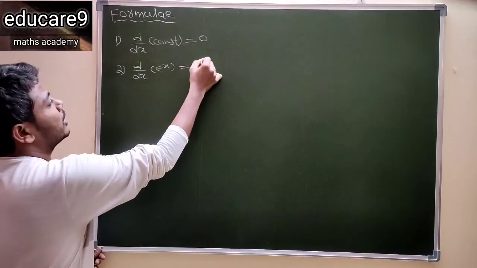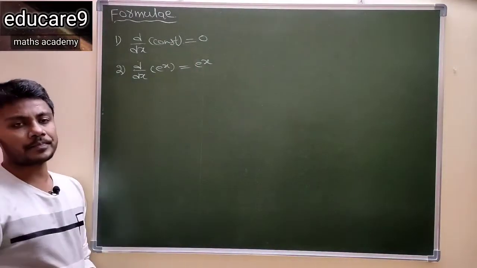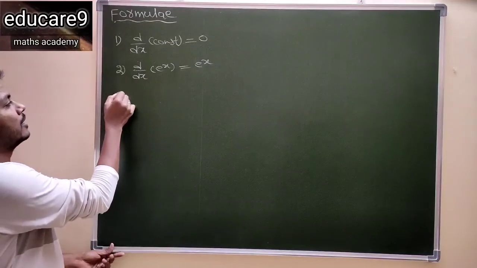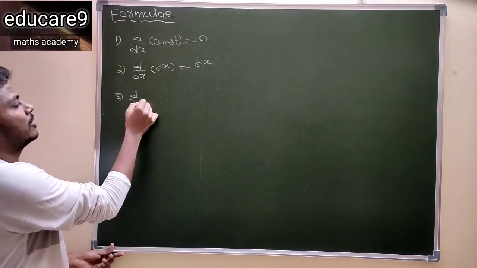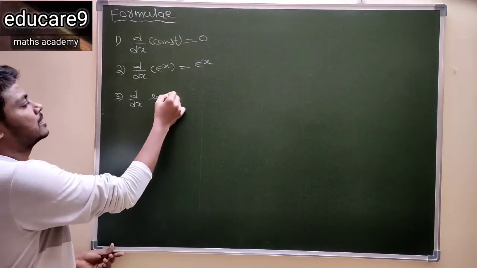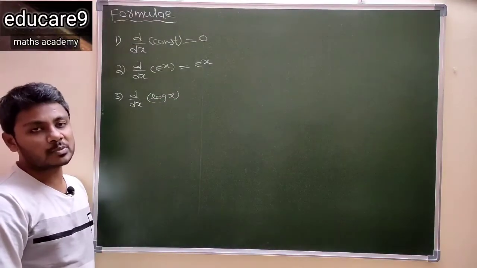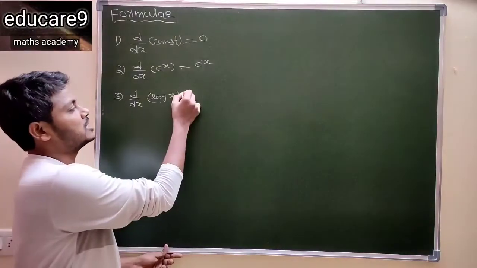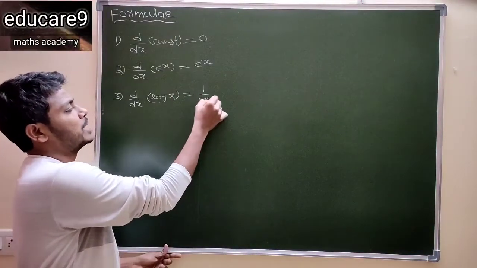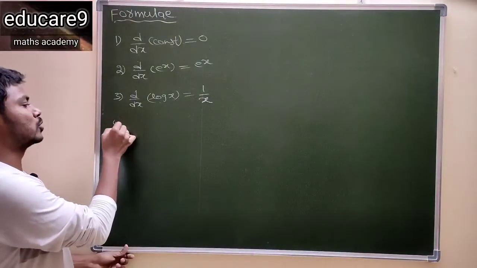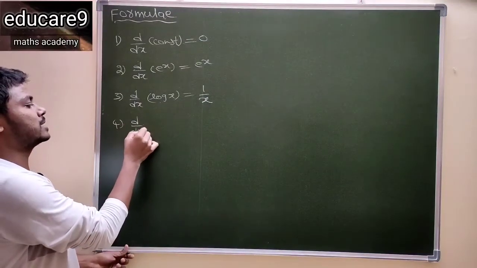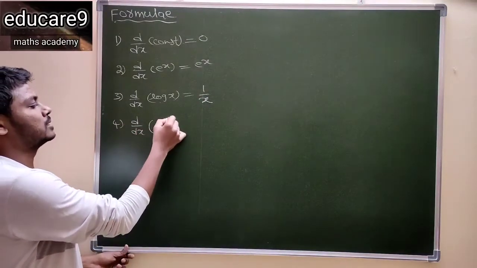This is also e power x. Next one, d by dx of log x. We already proved this by using the first principle. That is, the derivative of log x is what? 1 by x.